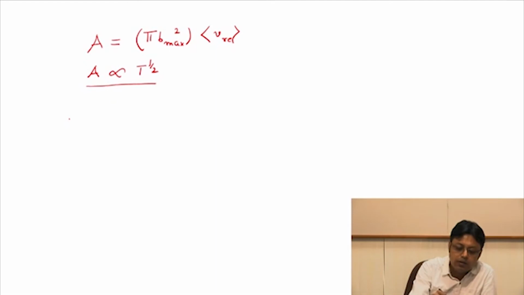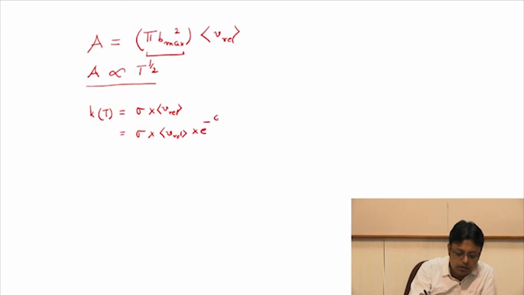Using the three values, you can first get the old collision theory, which is nothing but sigma times V relative, and this is the modified thing, where we got an expression like V relative times e to the power minus epsilon star by kBT.